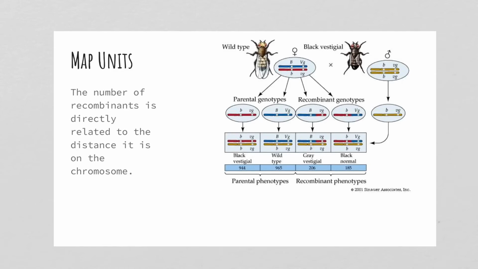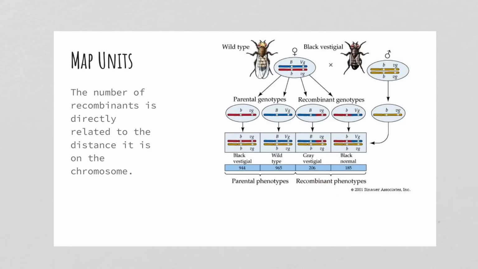So basically, the idea is that the further apart the genes are on the chromosome, the more probability there is of crossing over occurring between these two genes. And so we can look at the recombinant phenotypes and calculate the crossing over events between those, and then figure out how far apart these genes are on the chromosome.